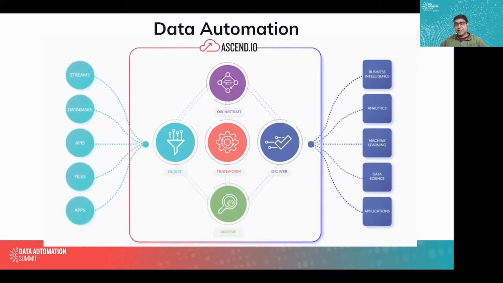Once this data is ingested, our platform offers the ability to transform this data using a wide variety of interfaces and programming languages, such as SQL, Python, and Scala code. And once this data has been transformed, which is typically some combination of cleaning, annotating, aggregating, joining this data, it can be delivered to the destination of your choice, which could be a warehouse like Redshift.